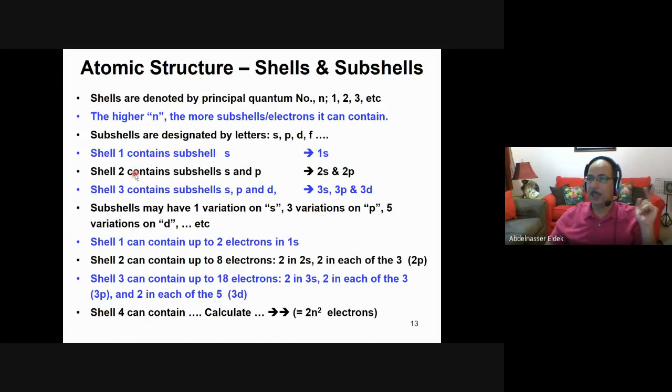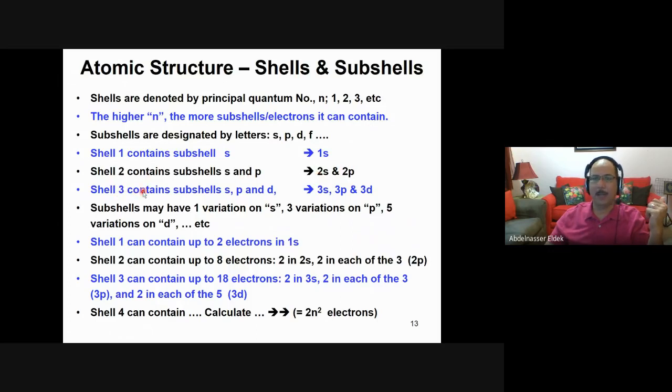Shell number 2 will have 2 subshells, so it will have S and P. We call them 2S and 2P, because it's shell number 2. So it has 2S and 2P.